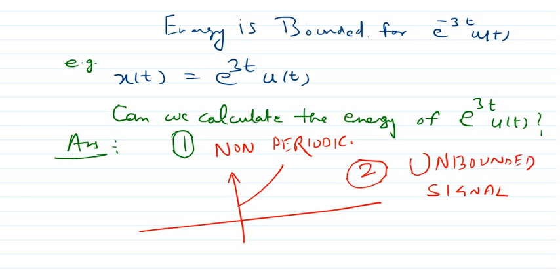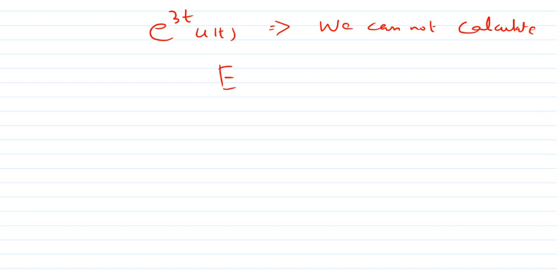As it is an unbounded signal, we are not able to calculate the energy. For e raised to the power 3t into ut, we cannot calculate it, because if we calculate, we will get energy equals to infinity.